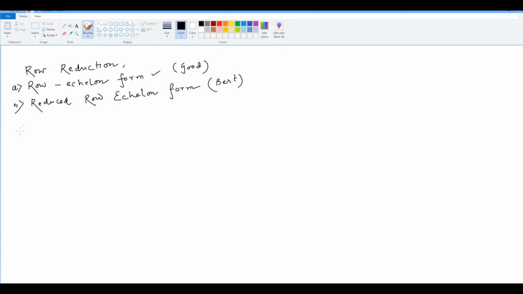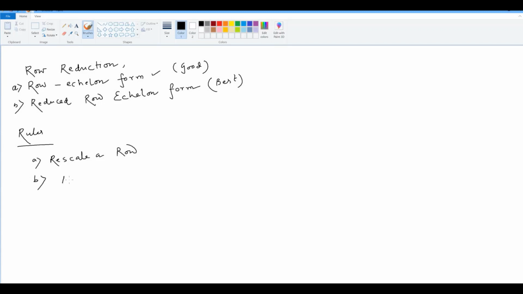Okay, and basic rules which you have to remember, that is very important. If somebody is giving you a matrix, then what are the things you can do? You can rescale a row. This operation is allowed.